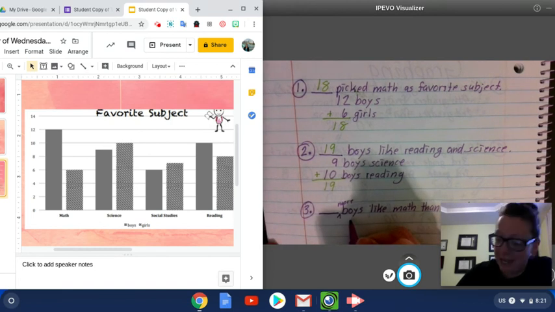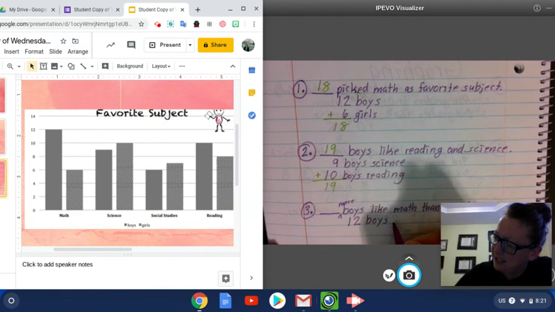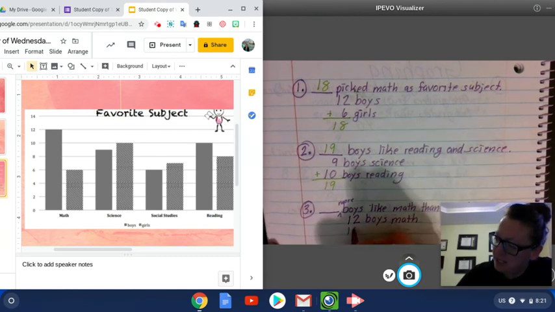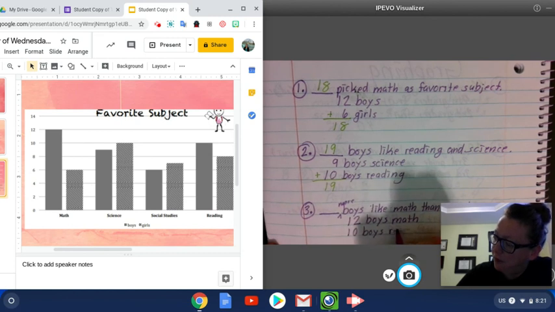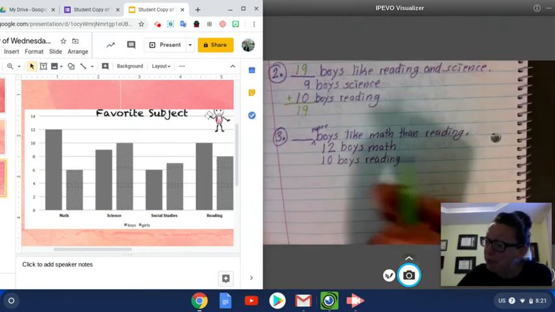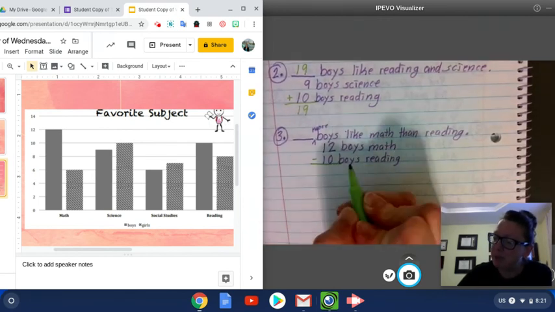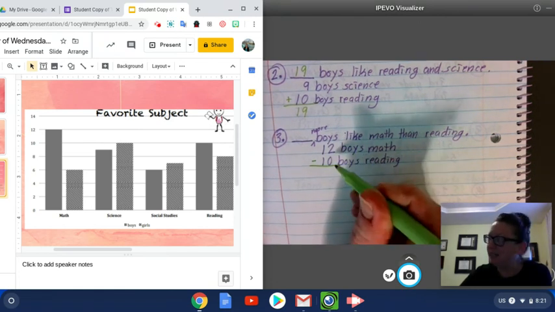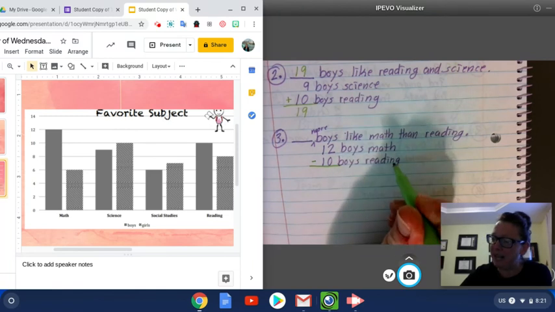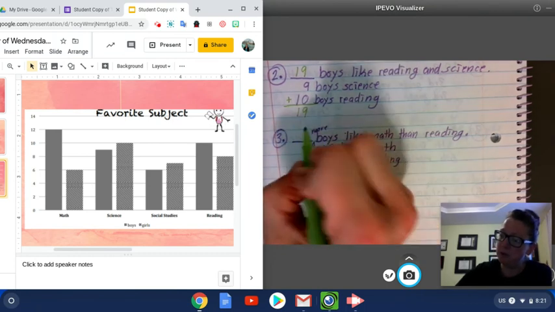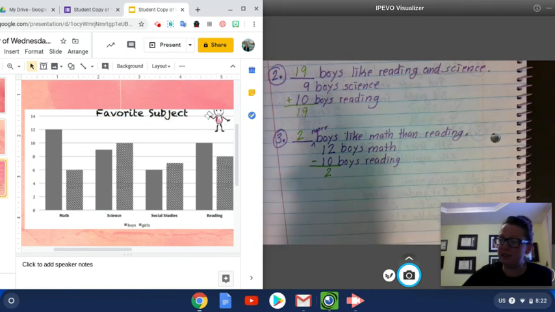So I know that there are 12 boys that like math. There are 10 boys that prefer reading. And when it says how many more, that's subtraction, because I want to know how many more boys like math than reading. How many more boys would I need to add to this reading to equal math? 2 minus 0 is 2. So it's 2 more boys like math than reading.